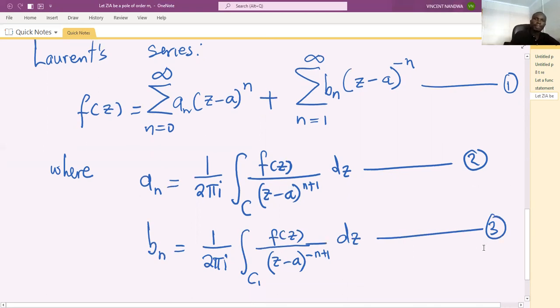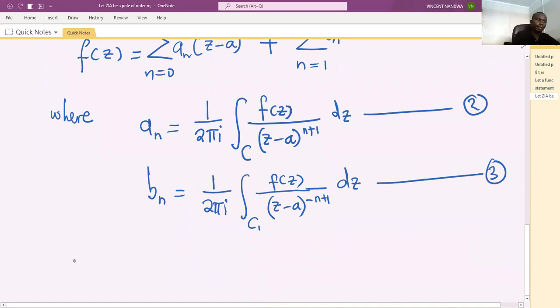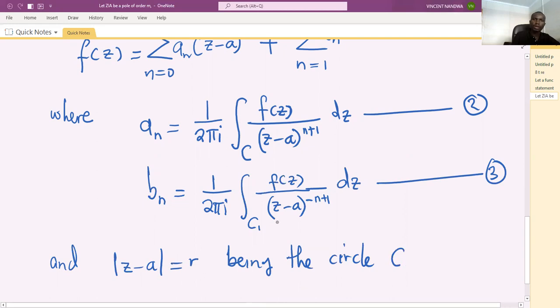So this circle, |z minus a| equals r, is the circle C1 we have defined in this integral in equation 3.